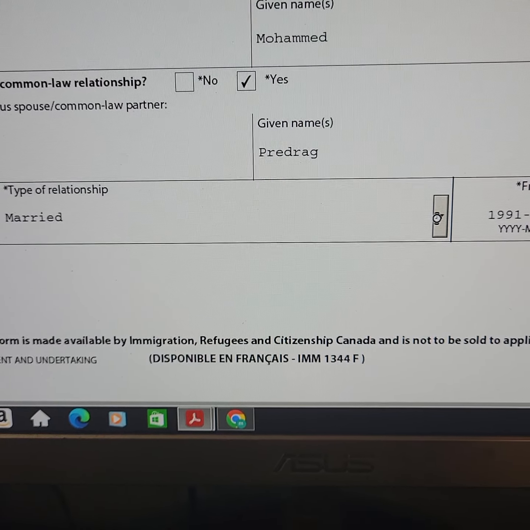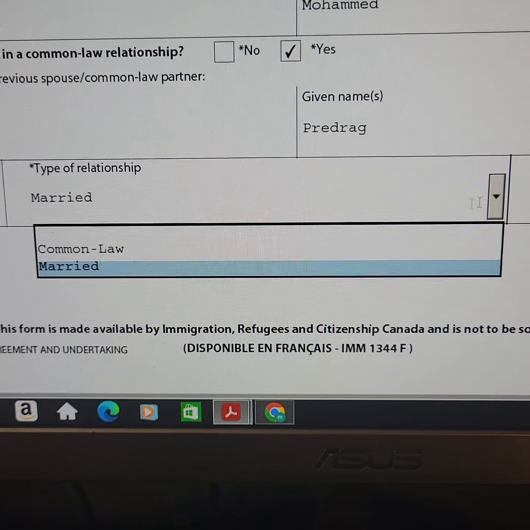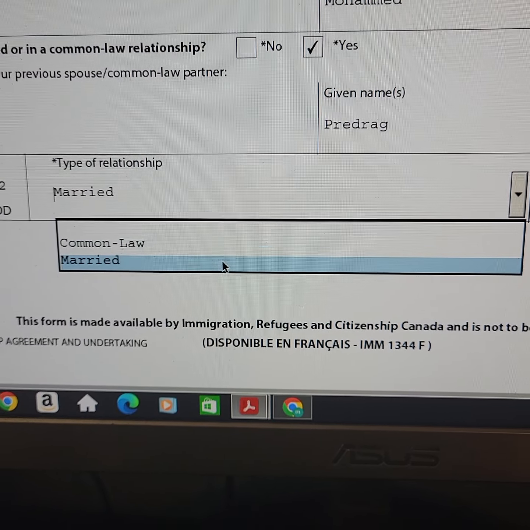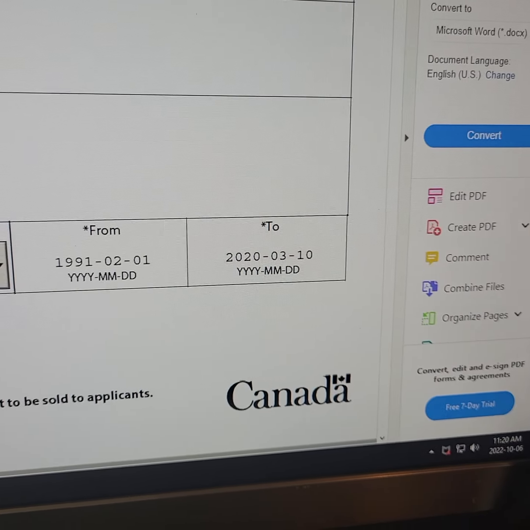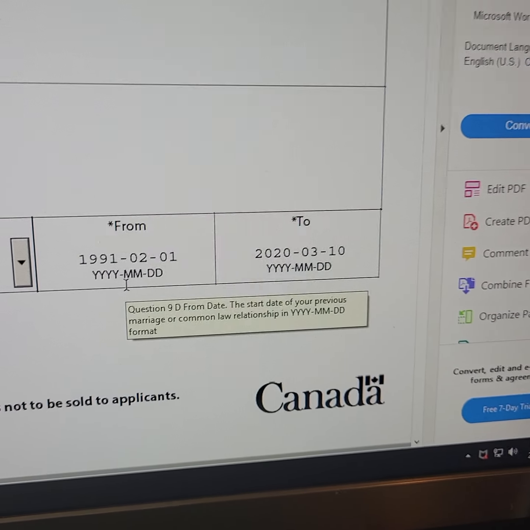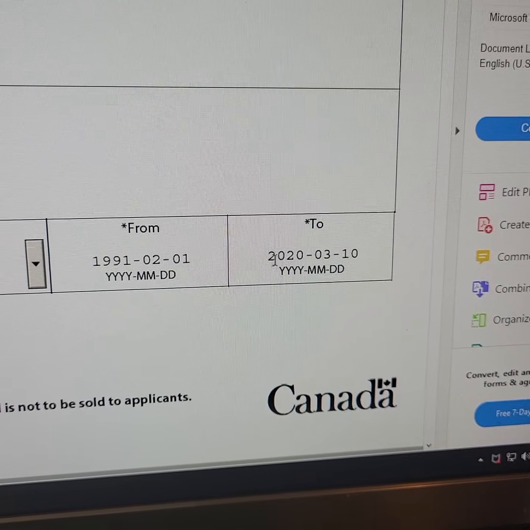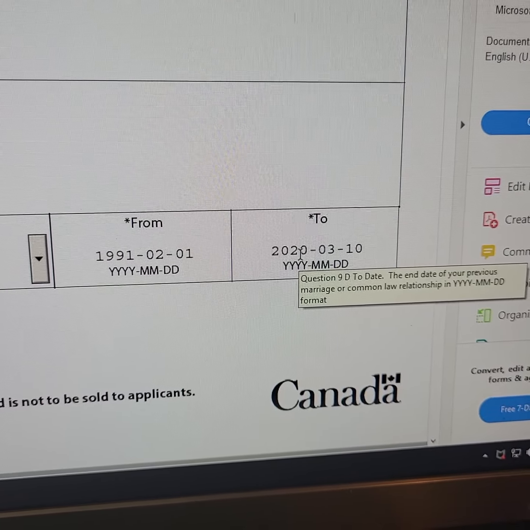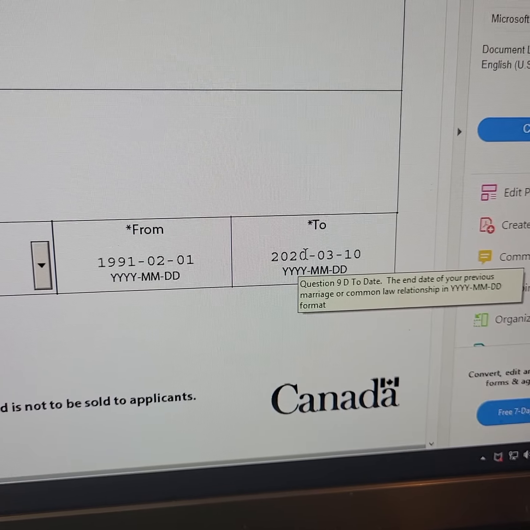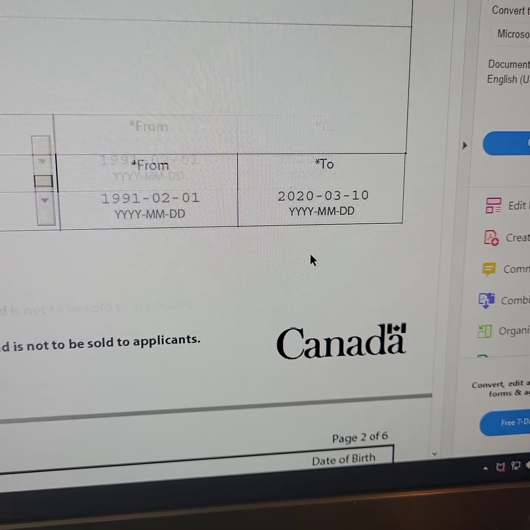Again, always pay attention to these little arrows as they will give you the options. Okay, so common law or married. Obviously I was married. Again, you put the date from which you were married to the date that your divorce certificate got finalized. So make sure you put the date that your divorce certificate was finalized.